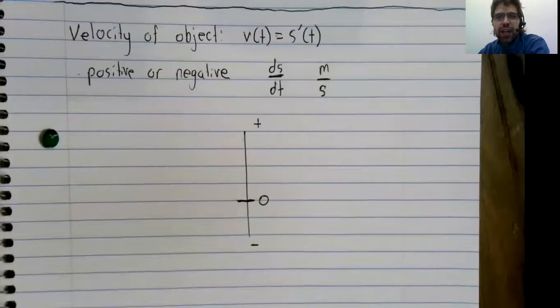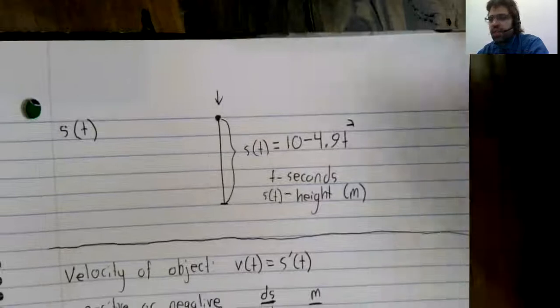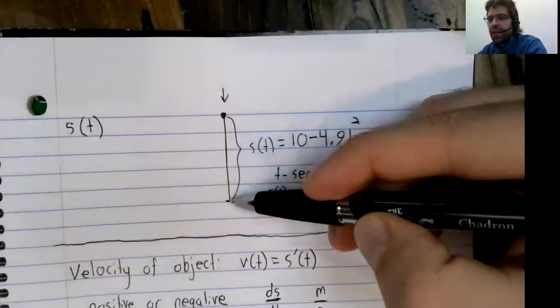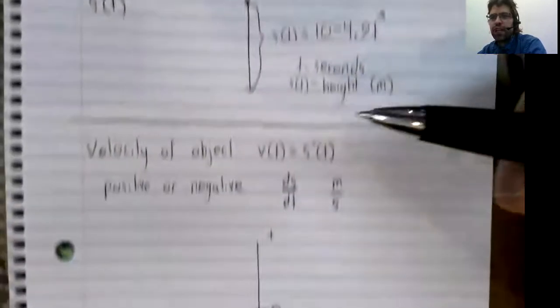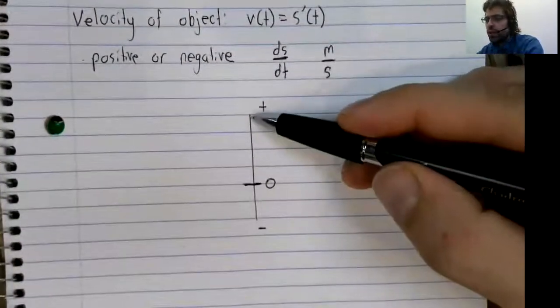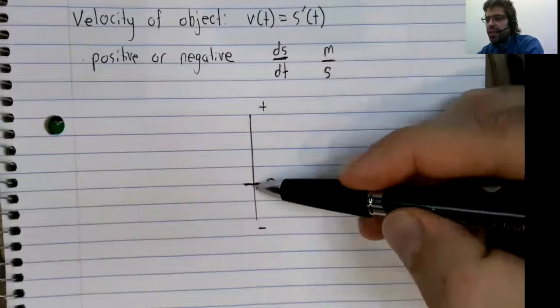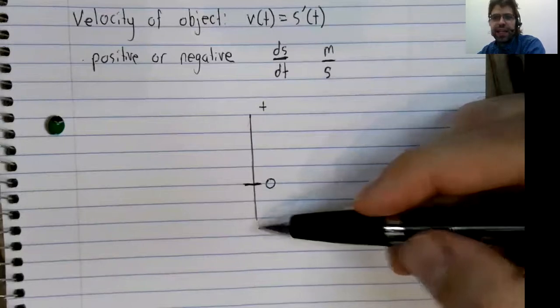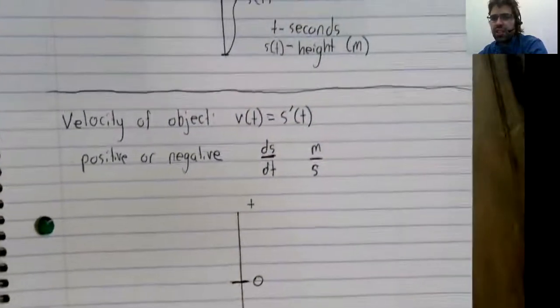So the sign of the velocity tells you which direction we're moving in. In this example, we're going down towards the ground. So we're moving in the negative direction. That should be reflected in a negative velocity.